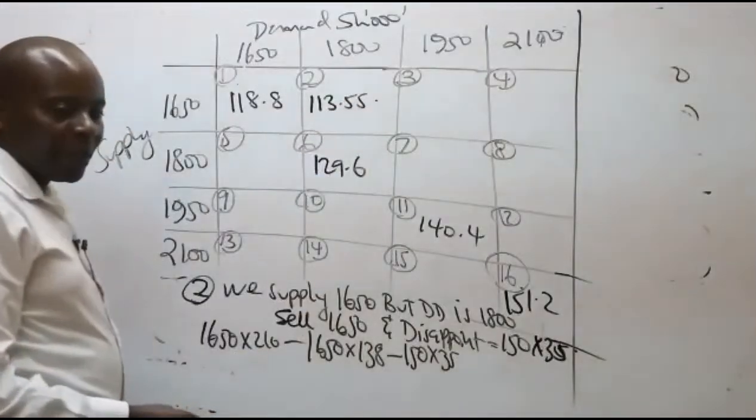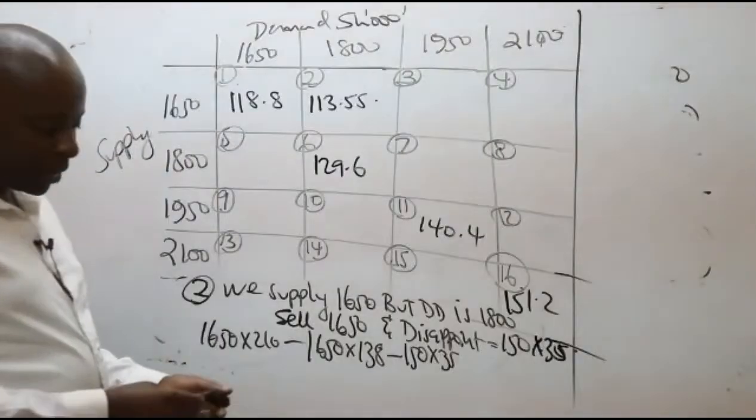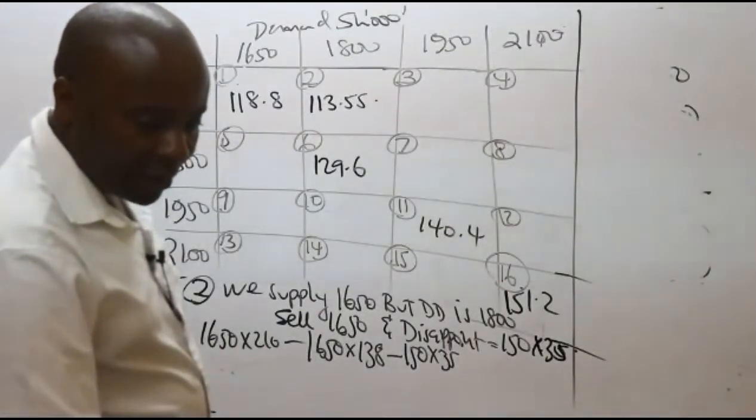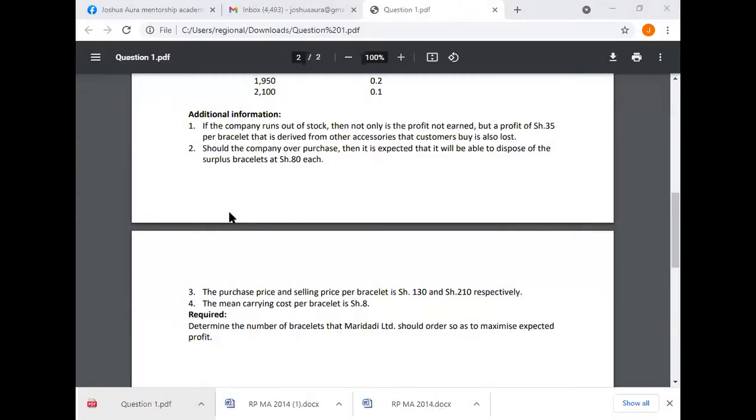Now, ladies and gentlemen, could we kindly go to number 3? What about the 80? Let me see the 80. The 80 will not apply in this regard. The 80 applies when the demand is less, when you have an oversupply.